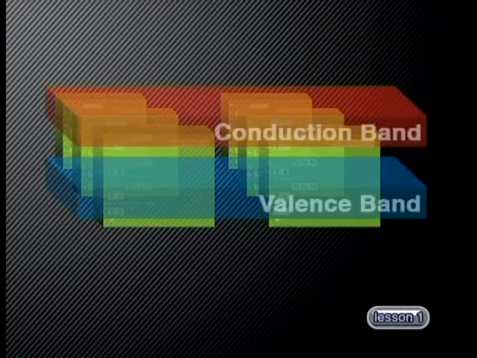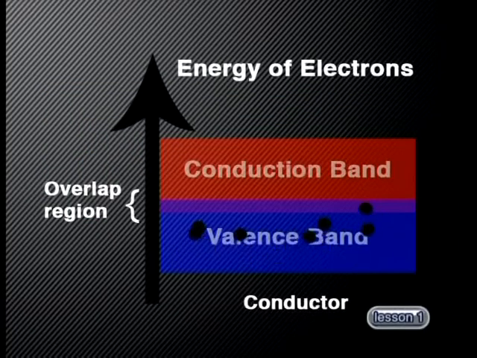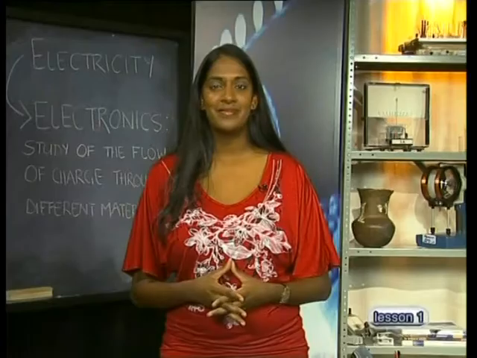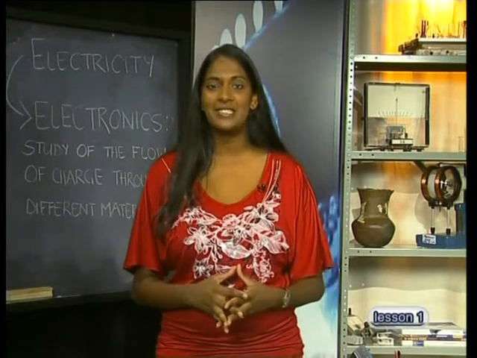In the same way as the valence band forms, unfilled energy levels also combine to form high energy bands. The energy band closest to the valence band is called the conduction band. In most metals, the valence band overlaps the conduction band. So, when electrons in the valence band are supplied with a small amount of energy from a battery, they can move freely in the conduction band. However, the size of the overlap is not the same for all metals.